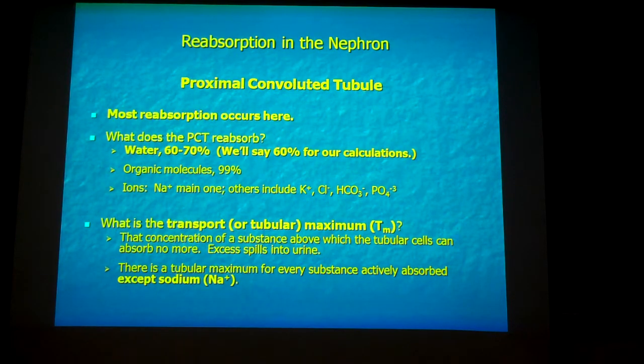That person can only absorb up to a certain point the glucose that's presented to those cells. Anything over the maximum concentration that can be reabsorbed is going to pass on down the tube and will show up in the bladder and the urine. Okay, so this is what we mean by the tubular or transport maximum.